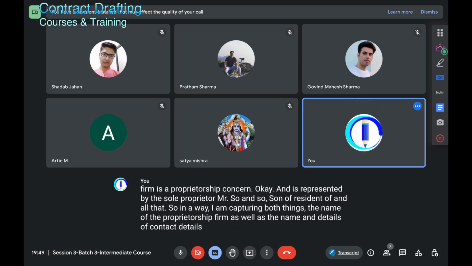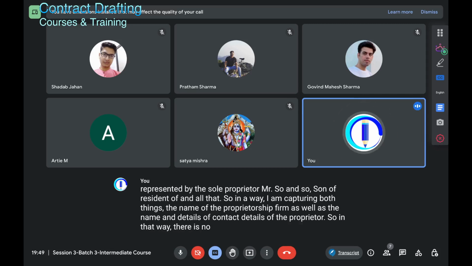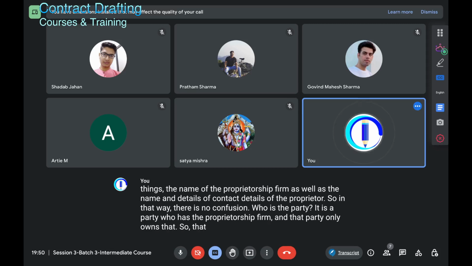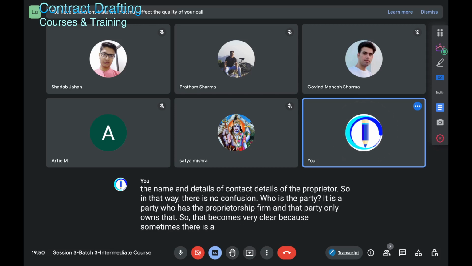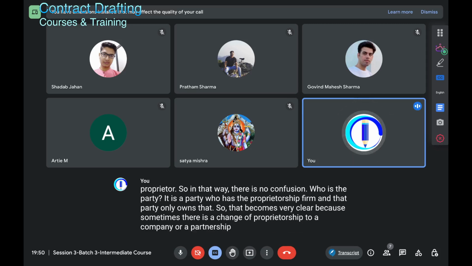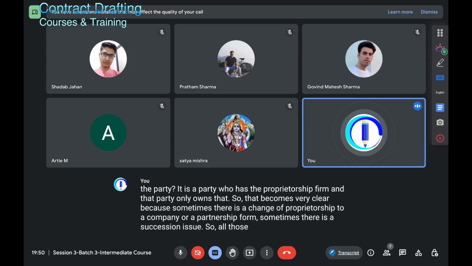So there is no confusion about who the party is. It is a party who has a proprietorship firm, and that party only owns that. That becomes very clear because sometimes there is a change of proprietorship to a company or a partnership firm. Sometimes there is a succession issue. All those things are taken care of by these statements. Is that okay?